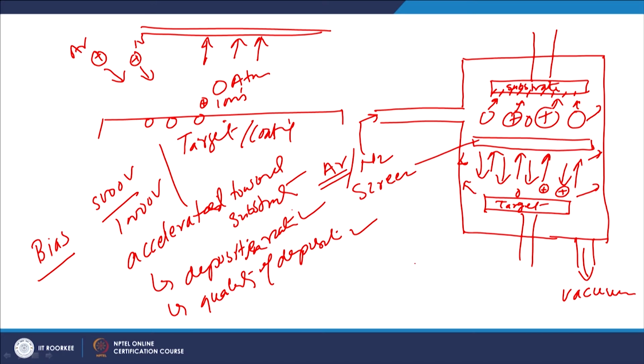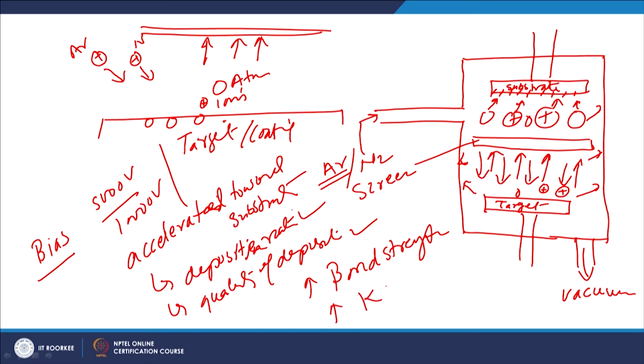Because this will be affecting the energy associated with the atoms and ions being moved towards the substrate, which in turn, with the increase in the acceleration or the energy with which they will be impacting with the substrate, will be increasing the bond strength of the deposition with the substrate, or the coatings or the film which is being deposited, with the increase of bias or with the increase of the kinetic energy.